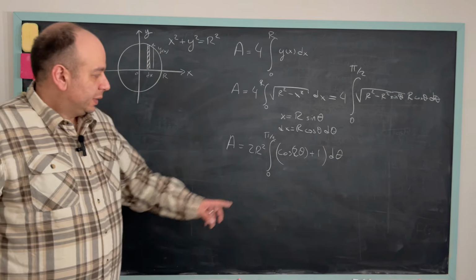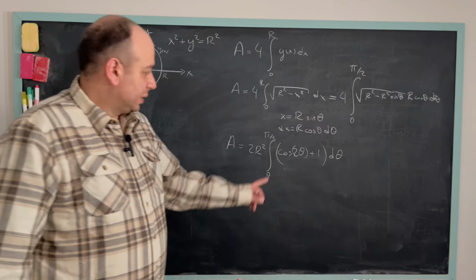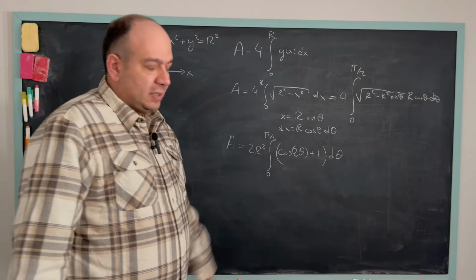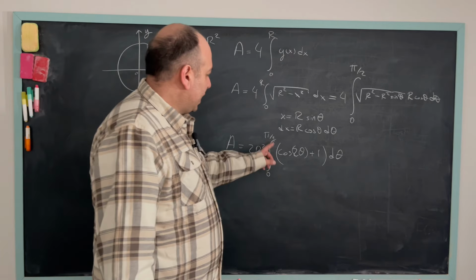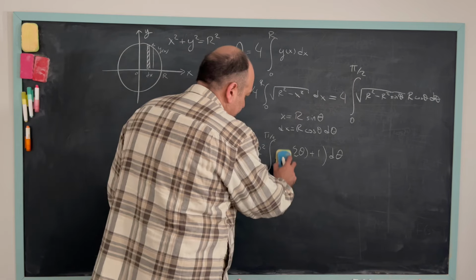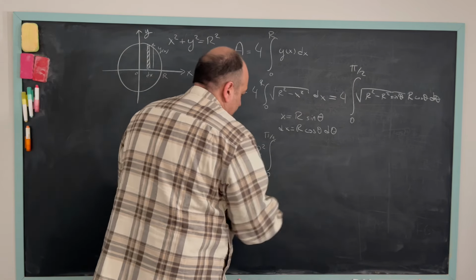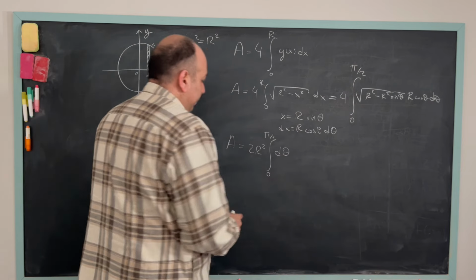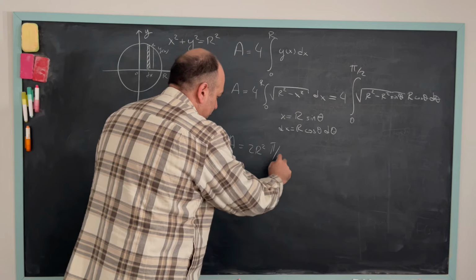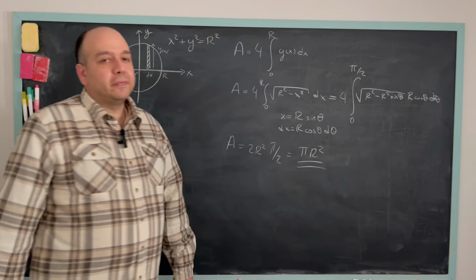Okay, so the integral of this gives me a function like sine 2 theta, right? If I look at these limits, sine pi is equal to 0, sine 0 is equal to 0. So the first integral actually gives me 0. The second one is just 1. So this is just d theta. So this is nothing but pi over 2. So the result is pi r squared, as we all know.